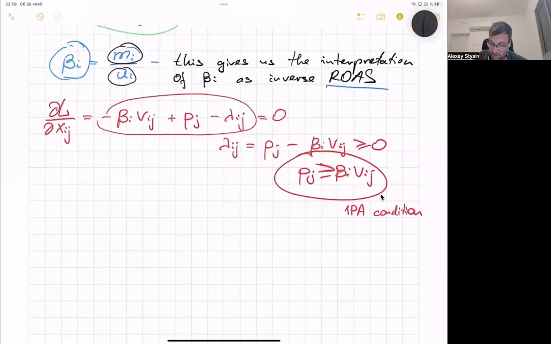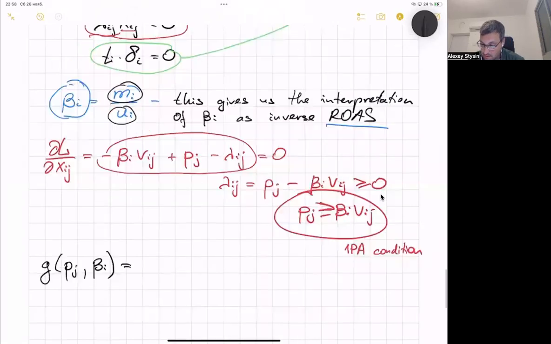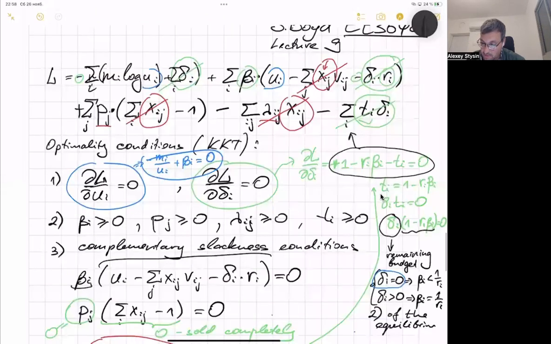So what should we do? We should just say that now we eliminated all of the primal variables, and what remains in the Lagrangian gives us the dual. So the dual depends on pj's and beta i's, and let's see what remains there.